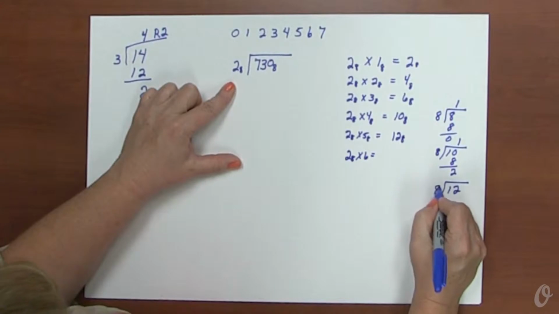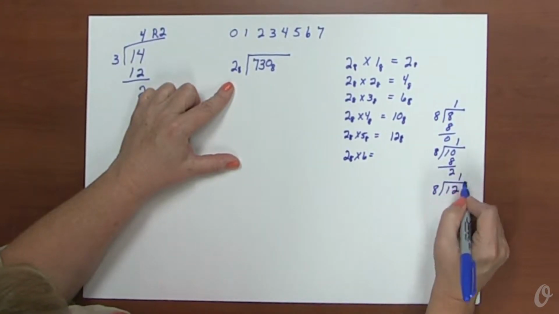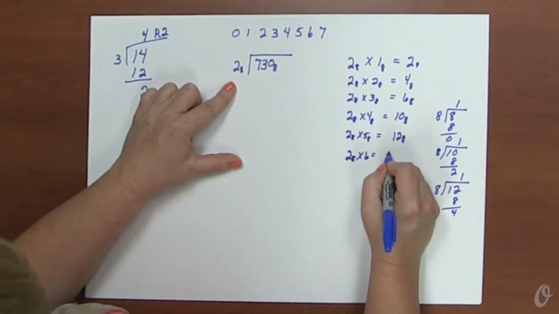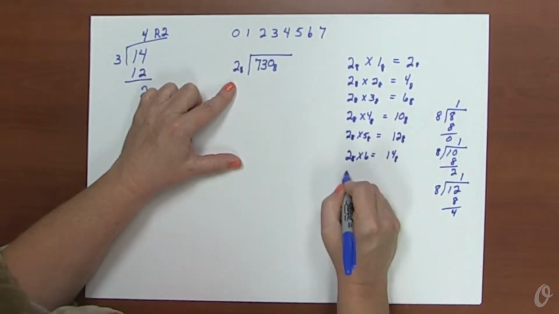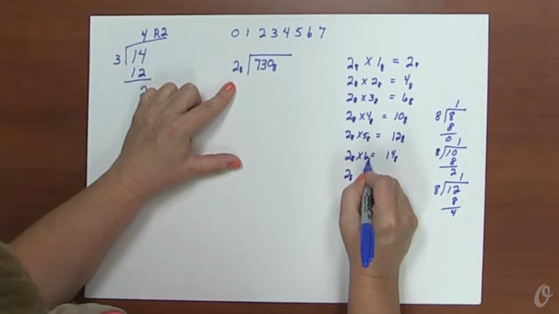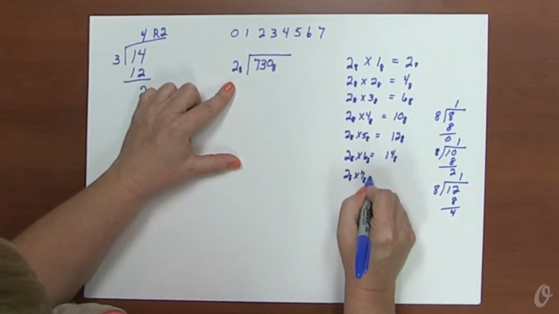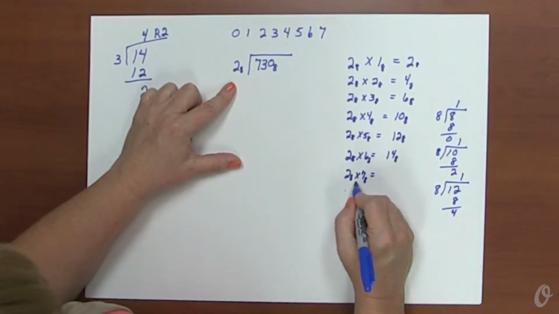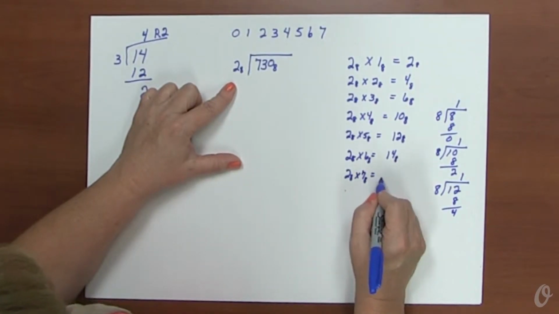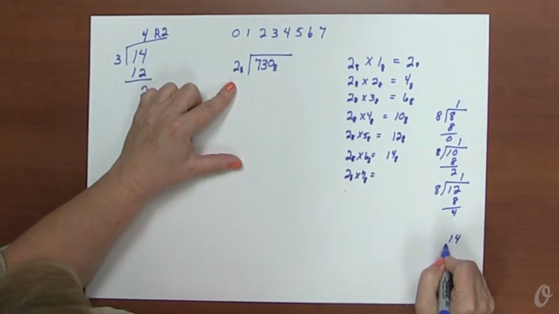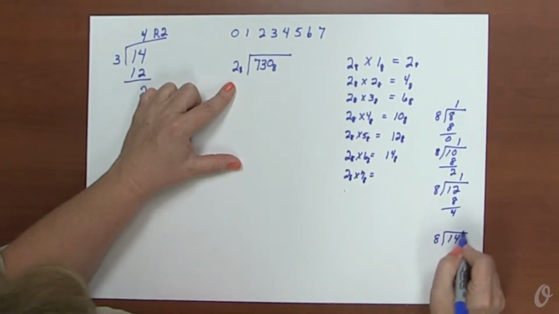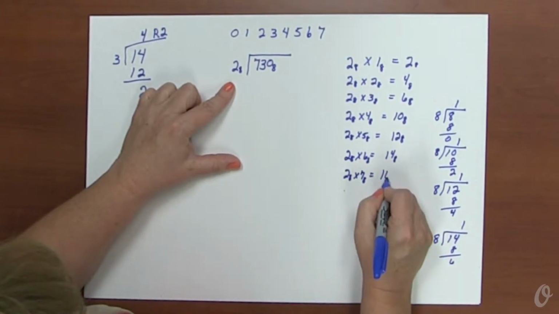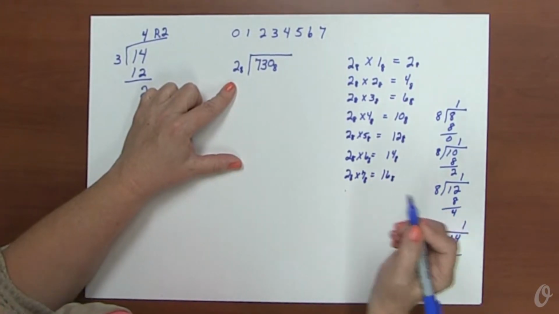And 12 divided by 8 is one group of 8 with 4 left over. 14 base 8. I'm going to write this out for the rest. 2 times 7 base 8 is 14, and 8 goes into this one time with 6 left over, so 16 base 8.